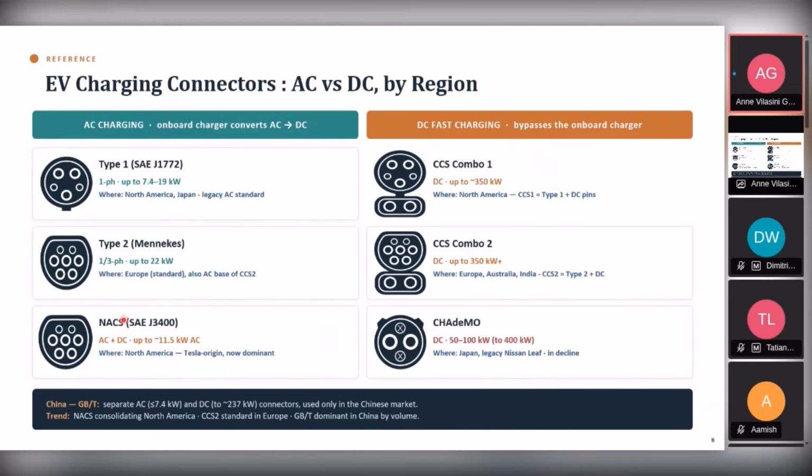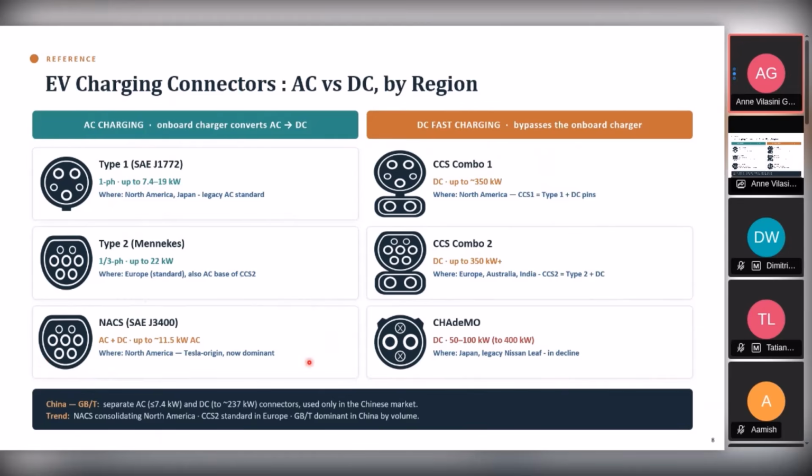So here you can see different connectors. Which one you see depends on where you're located. For example, type 2 is very popular in Europe and NACS is very popular in North America. NACS stands for North American Charging Standard, which is originally Tesla's charging connector. It is a special kind of connector because here you can have both AC and DC voltage on the same pin.